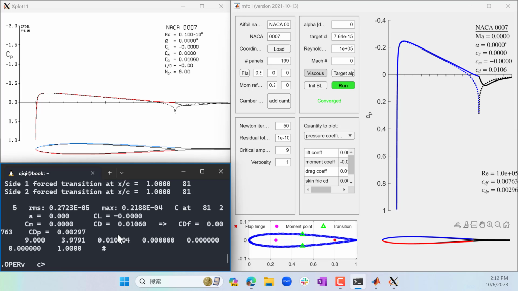Right. So the reason I said 10 to the 5, or 100,000, is that it is a low Reynolds number, which may not be intuitive to you. But just think about what 10 to the 5 actually means. When we get to the quiz for viscous flows, you have to remember the definition of Reynolds number: density times velocity times a certain length, in this case the chord length, divided by viscosity.